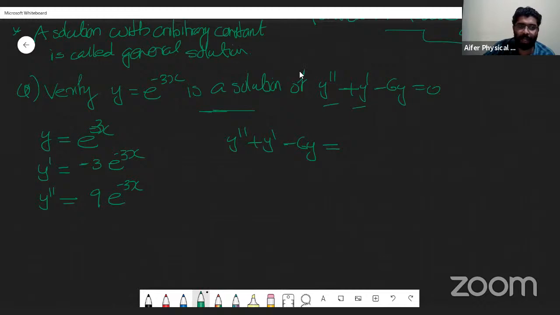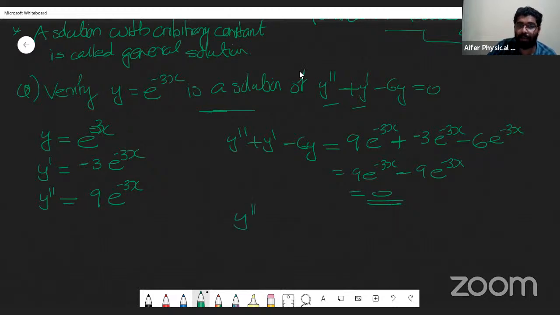If we get 0, this is the solution of the given differential equation. We can check. What is y double prime? 9 e raised to minus 3x plus what is y prime? Minus 3 e raised to minus 3x plus, sorry, minus 6y. What is y? e raised to minus 3x. So that gives you 9 e raised to minus 3x minus 3 e raised to minus 3x minus 6 e raised to minus 3x. This is 0.